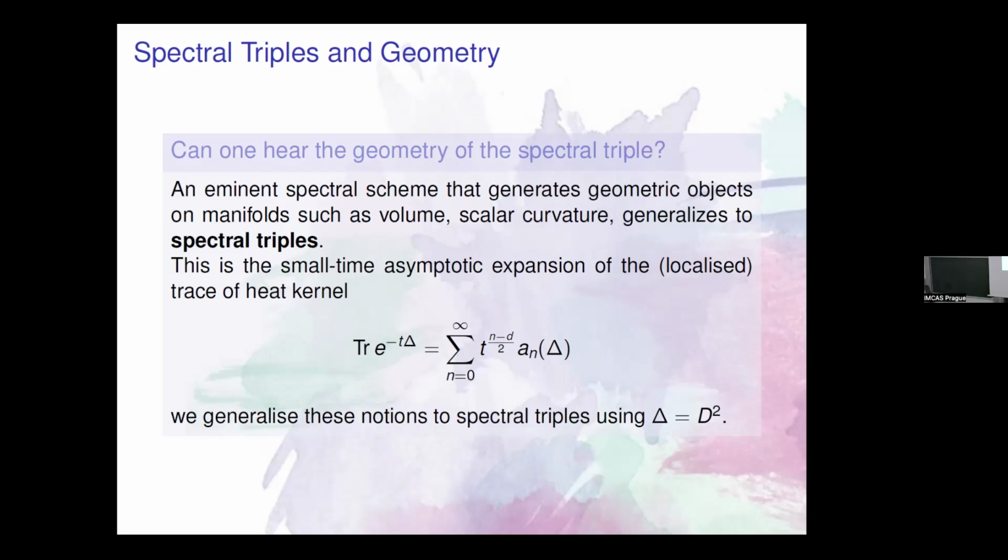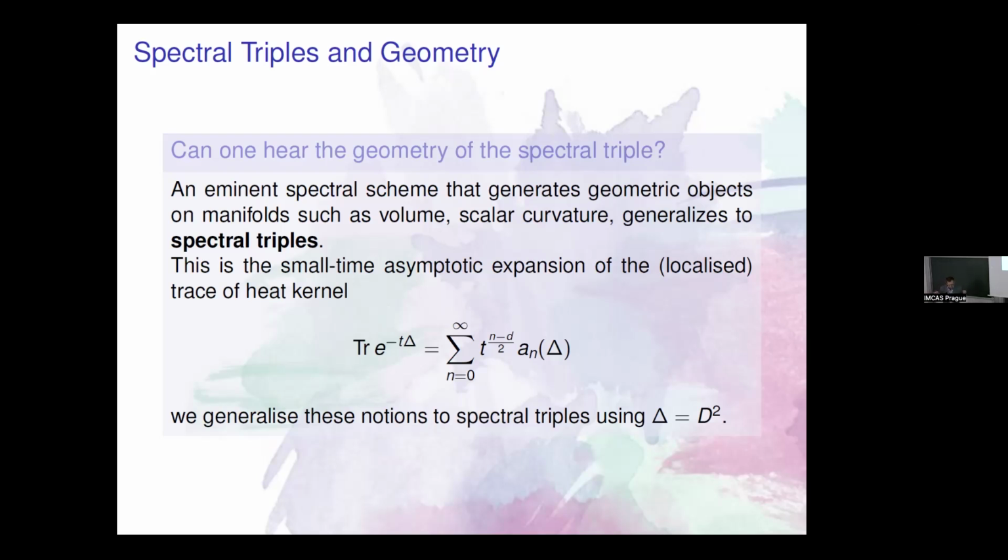So, coming back, this is the idea of how to replace something like manifolds in the language of non-commutative geometry. And that's an idea that's been proposed by Alain Connes many, many years ago and put to work in many different examples.